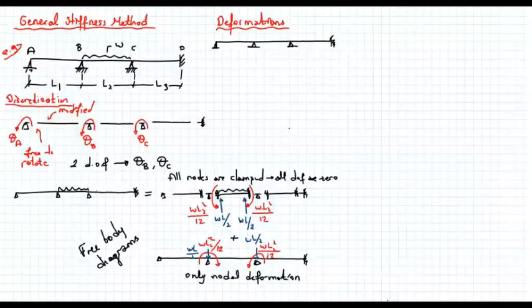And I got 2 degrees of freedom here, theta B and theta C. And due to those rotations, we will observe a deformation like that.